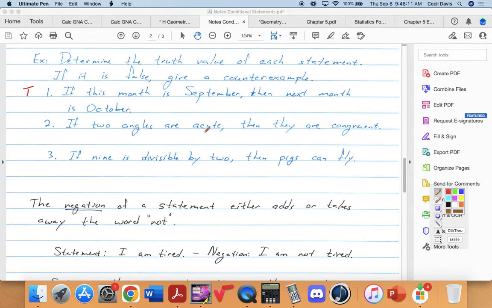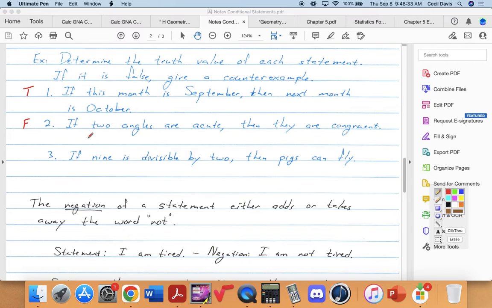All right, next. If two angles are acute, then they are congruent. Is that true? That's false. We need a counterexample for that. So, 1 and 2? 1 degree and 2 degrees.